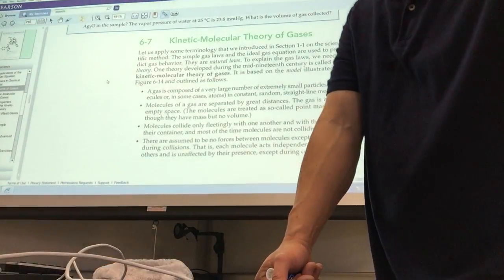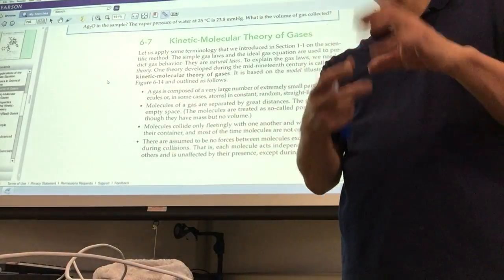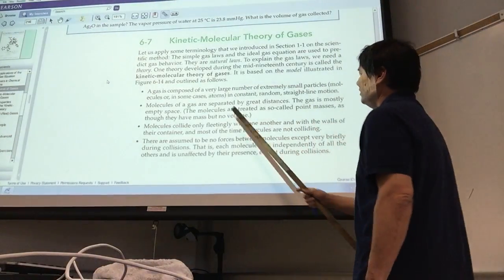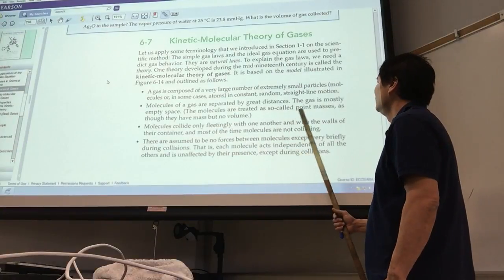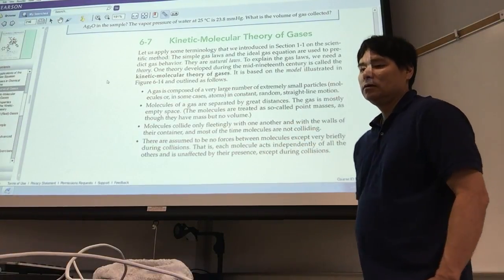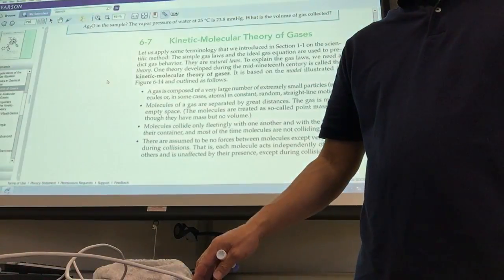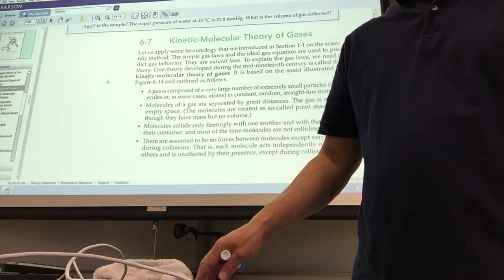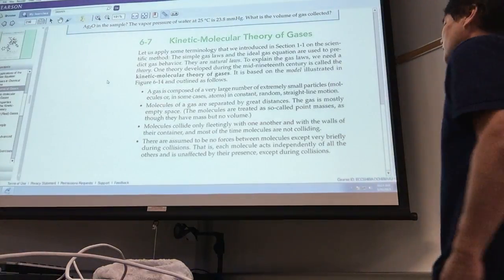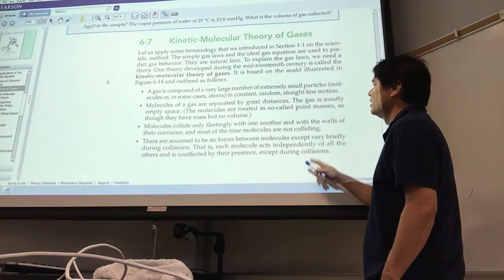And so we know the molecules have shape, they have volume, molecular volume. But this thing in the parentheses is a simplification. What they do oftentimes is they simplify things so that the math gets easier. And so rather than considering the shape of these, we just treat them as point masses.